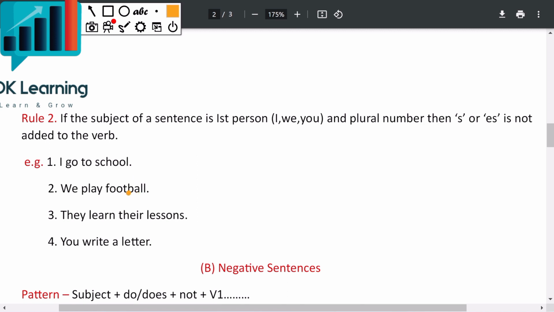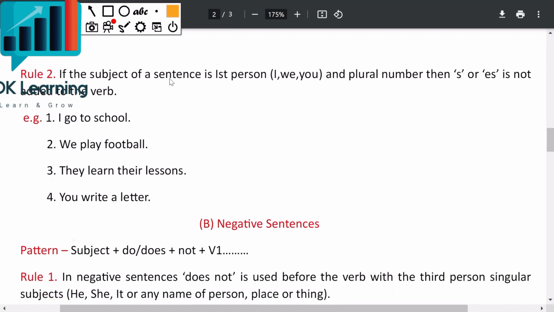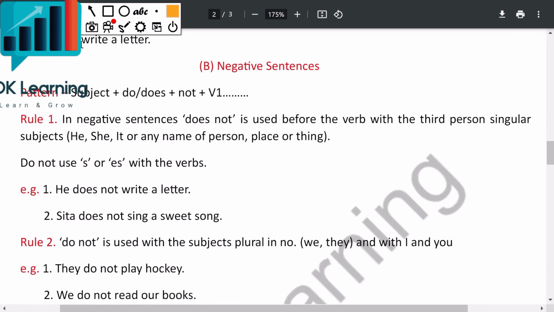Next, we will see the negative sentence. The pattern of sentence formation for the negative sentence is subject plus do not or does not plus first form of the verb.